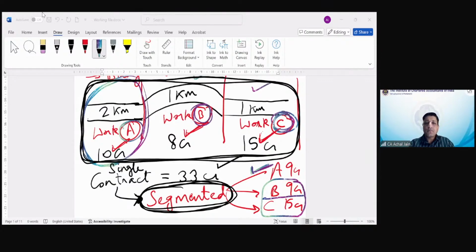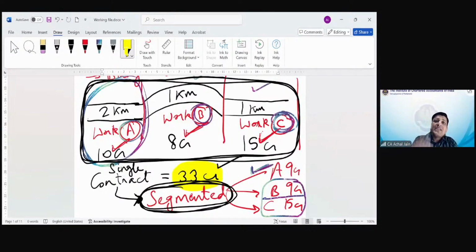Sure. So now what is segmenting? We had a single contract for 3 activities amounting to 33 crore. Against this 33 crore, 3 activities were required to be completed: activity A, B and C. And in this, what did we check?